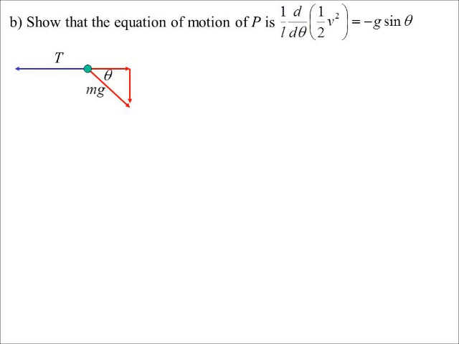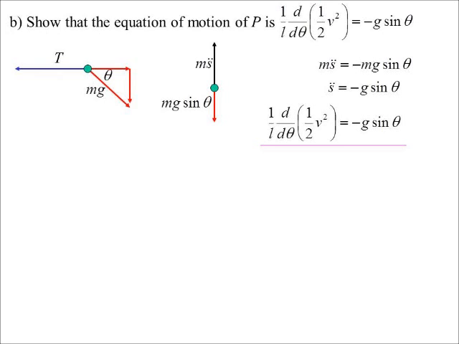Now, vertically, mg sine theta will be going down. But what we do know is the resultant force is minus mg sine theta. However, we've just found an expression for s double dot, or the acceleration linearly. So s double dot is minus g sine theta. So if I sub in that expression we just proved, there it is: 1 on L d/d theta of a half v squared is minus g sine theta.